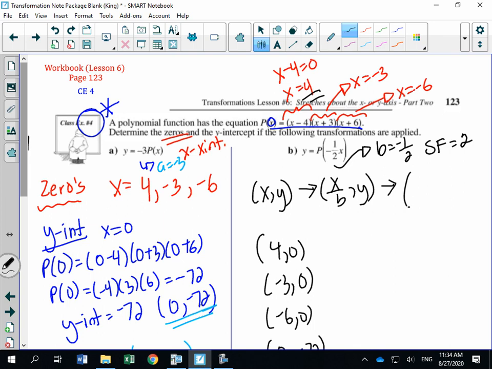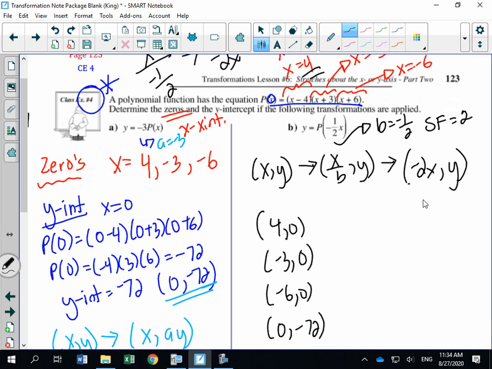Instead of saying x divided by -1/2, x divided by -1/2 is the same thing as -2x. So it's x over b, but our b value is -1/2. That's the same thing as -2x, y.